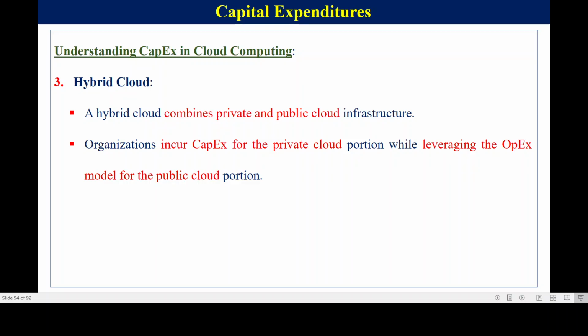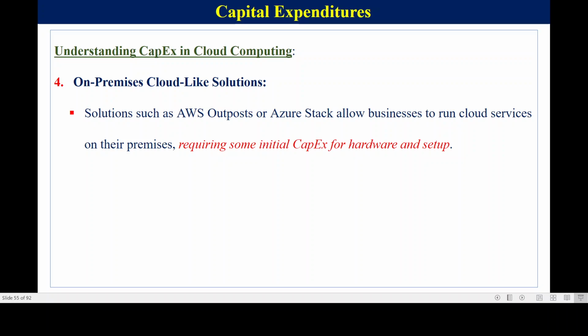The next one is the on-premises cloud-like solution. Some organizations want cloud services but prefer to keep everything inside their own premises. Cloud providers offer solutions like AWS Outposts and Azure Stack. These systems bring cloud technology into the organization's own data center.